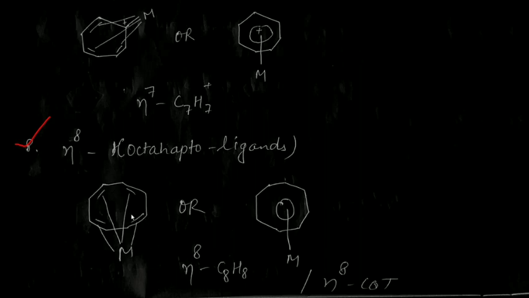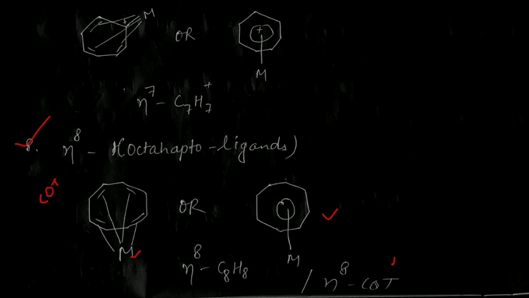Here we have taken the example of COT, cyclooctatetraene. In COT all 8 carbon atoms are directly attached to this metal M, and it is also represented like this. So eta 8 C8H8 or eta 8 COT is an example of an octahapto ligand.